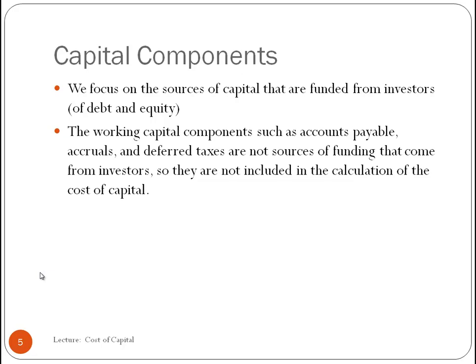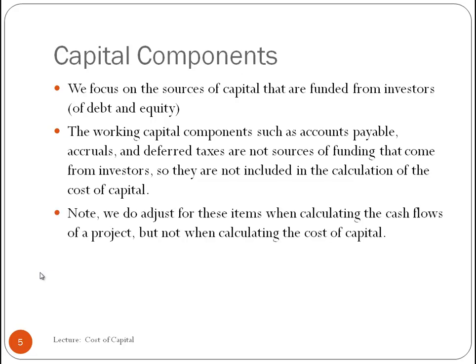So for accounts payable, for certain accruals, for deferred taxes, while these are sources of financing, they are not funded from the investors. So we don't include them in our cost of capital equation. But note that we do adjust for these items when we calculate the cash flows of a project, just not when we're calculating the cost of capital.